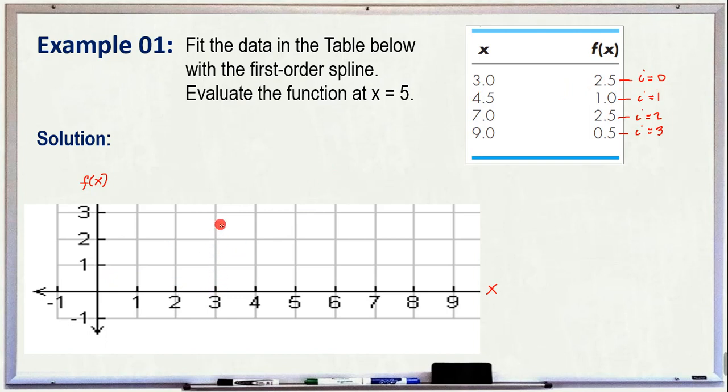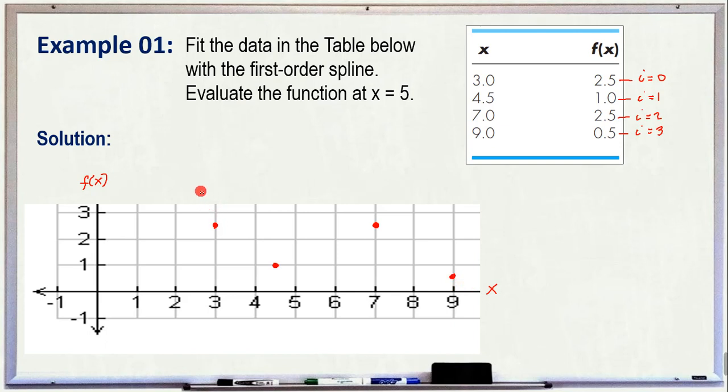So, 3, 2.5. Second, 4.5 ug 1. So, 4.5, then 1. Third, 7 og 2.5. So, 7, ibalik na po siya og 2.5. Okay, and then lastly, 9 og 0.5. So, 9, 0.5, somewhere here.